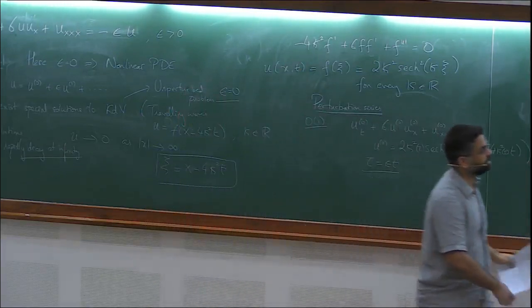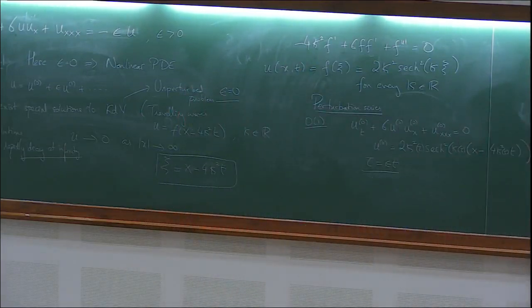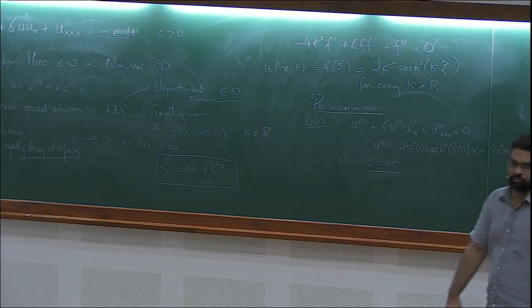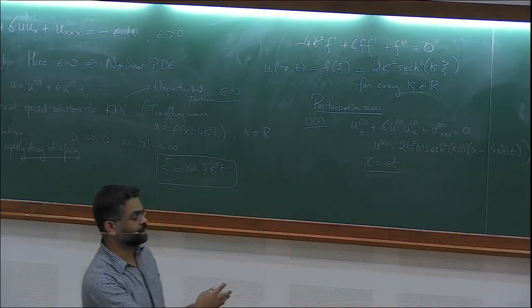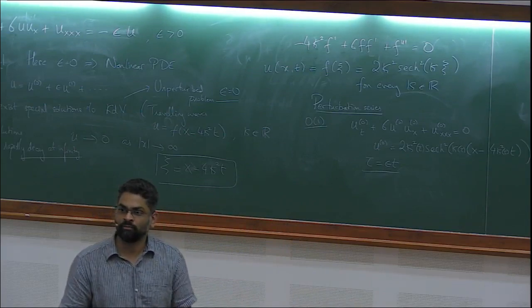In particular, L dagger acting on U naught is 4 kappa squared U naught C minus 6 U naught U E minus U naught 3 derivatives is 0. So the base solution I had is literally in the null space of the adjoint.